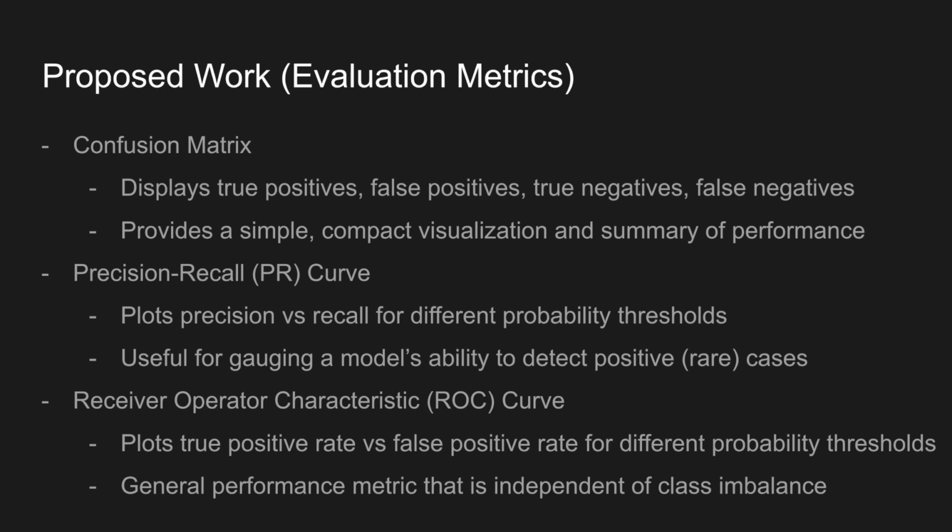Now we're going to get into some of the different ways we're going to test the performance of our models. The first of our evaluation metrics is going to be our confusion matrix. This displays the true positives, true negatives, false positives, and false negatives of our model. This 2x2 matrix is a simple, compact way of summarizing how each model performs, and provides a nice visual for displaying each of these numbers.